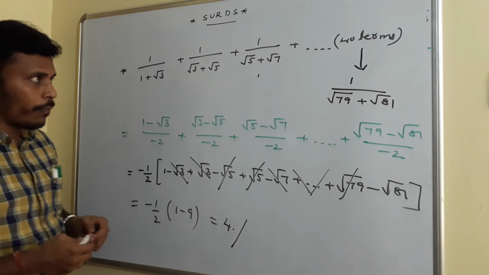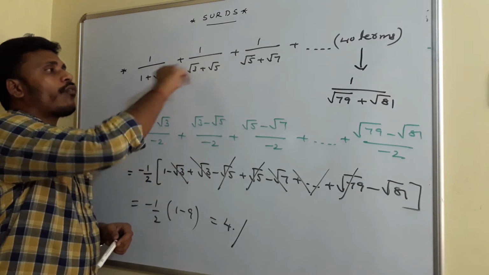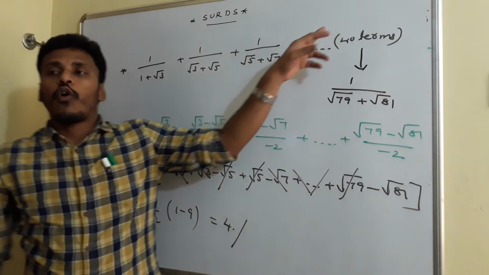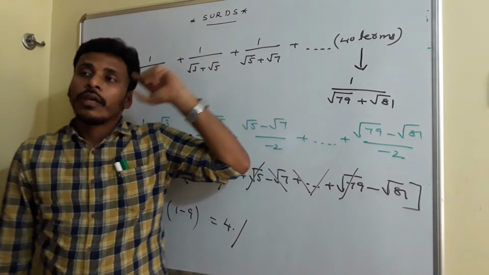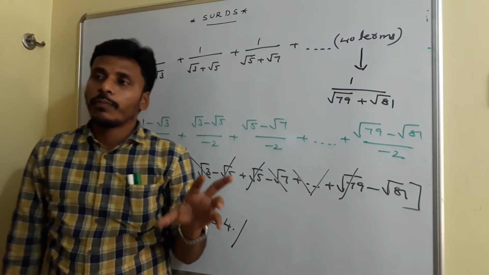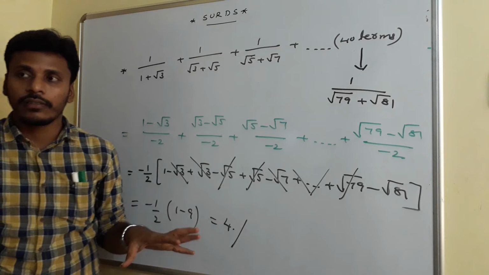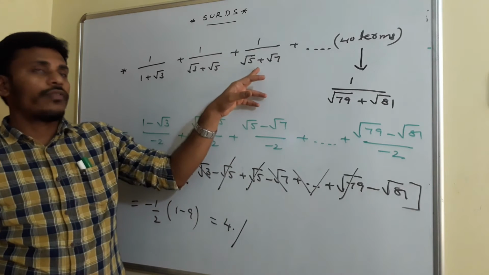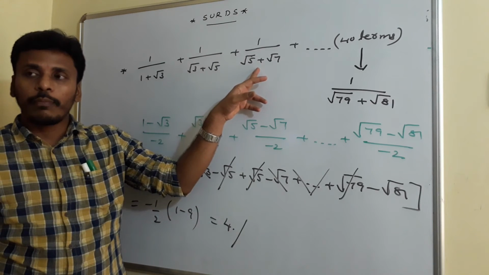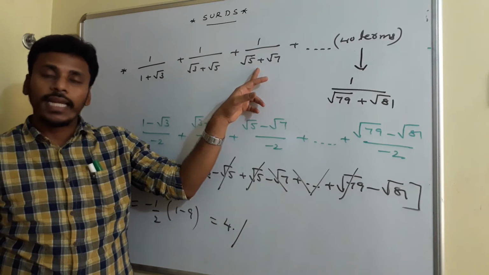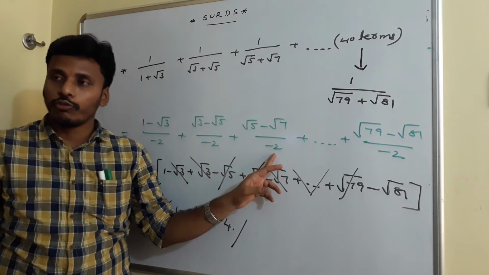Just think about the problem. They ask you to find the sum of all these terms up to 40 terms. So by utilizing the concept of rationalization of denominators, take one of the terms. If you rationalize it by multiplying with root 5 minus root 7, you get root 5 minus root 7 by minus 2.